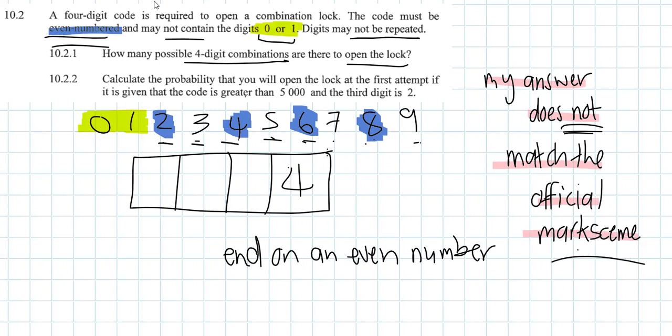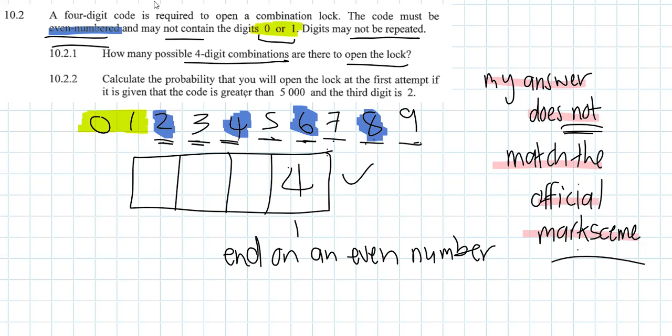Now, once you've used one of your numbers in this last option, one even number will be used up there. So for our first number, there were 8 options, 1, 2, 3, 4, 5, 6, 7, 8. You've used one already over here.